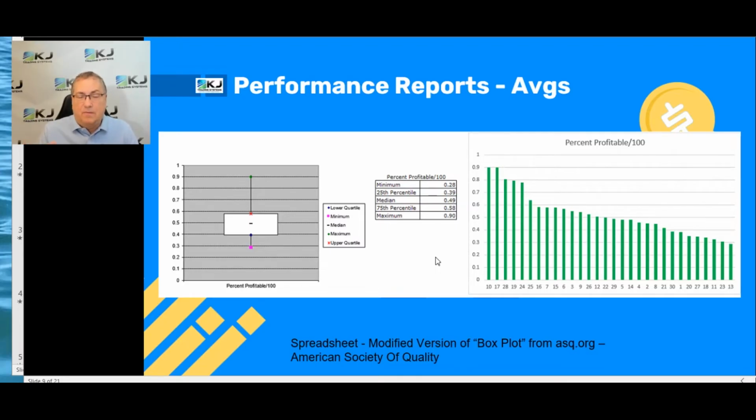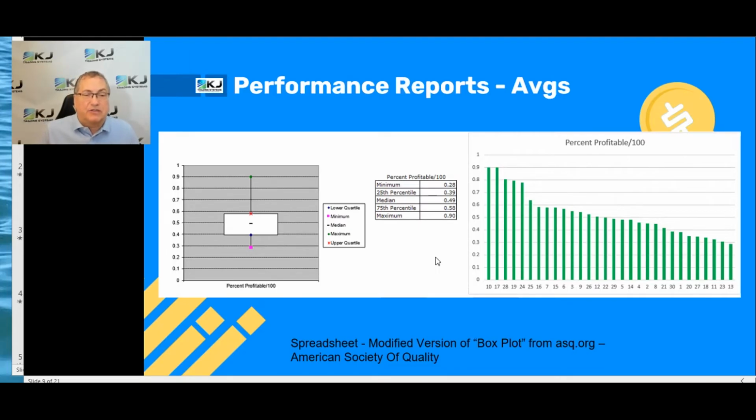So half of my strategies are above 50% winning trades, and half of them are below that. And you can see I go as low as 28%. I have a strategy that wins 28% of the time. You might think that's crazy, but in a portfolio, hey, if the wins are much bigger than the losses, then that could be worth trading.